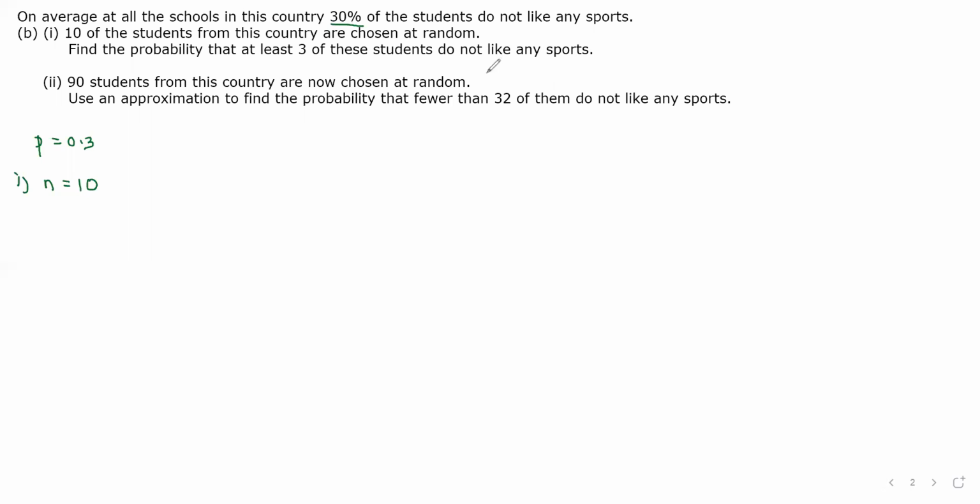Whether a student likes any sport or not is independent from another. This is an average, so we have a constant probability of success, and the total number of trials is equal to 10. We let X be the number of students who do not like sports.